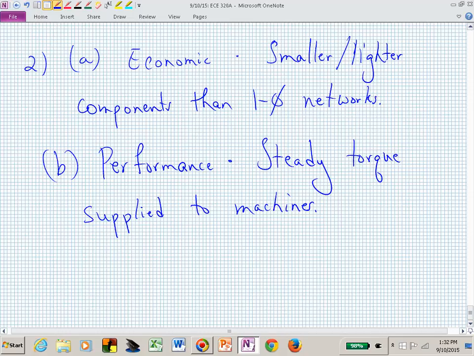And now if you thought about driving some shaft with that time varying single phase, it's going up and down, and the torque is not steady. But with a three-phase motor, you can actually have a nice steady torque applied to that shaft because you have the A, B, C, A, B, C, A, B.